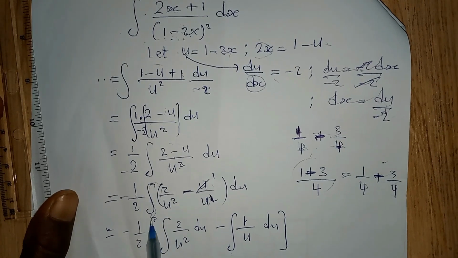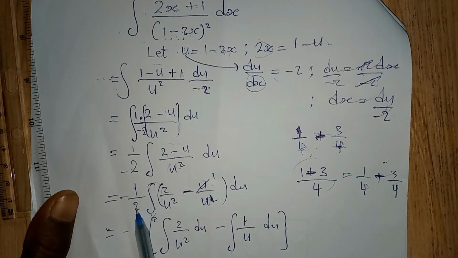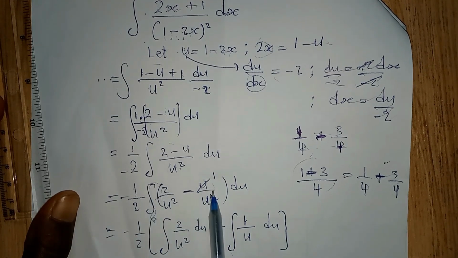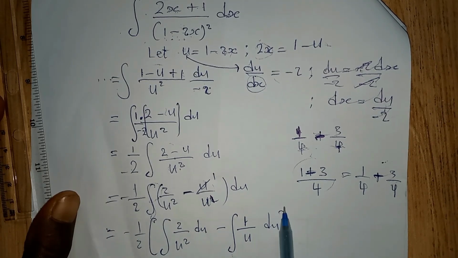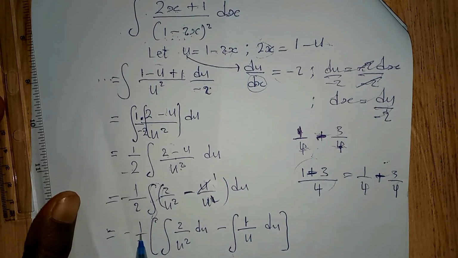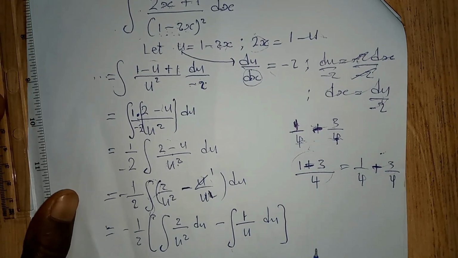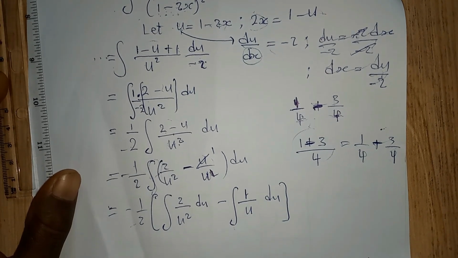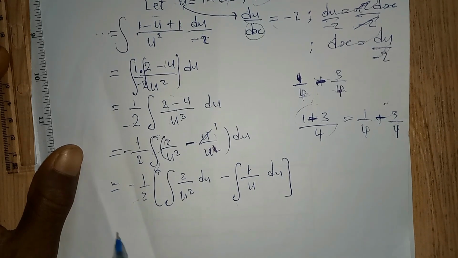The reason I put it in a bracket is because this minus half is for everything inside here. If you are splitting the integral like this, the minus half stays outside, and you put a bracket showing that the minus half is going to multiply both parts of the integration at the ending part of the solving process.